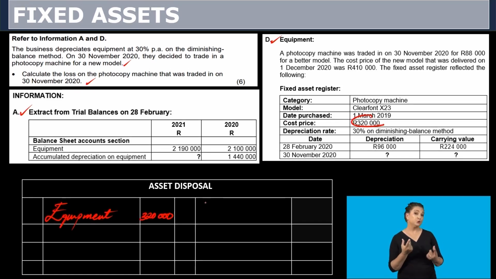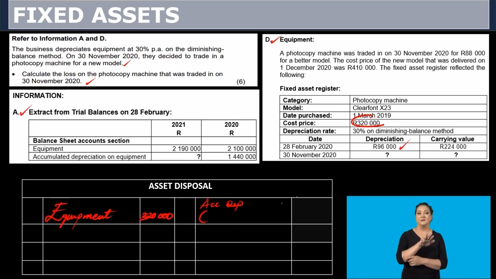And then I'll also record now my accumulated depreciation. Here's my open bracket. How much was the accumulated depreciation at the beginning of the year? 96,000. There it is. 96,000. Then we have to add the depreciation for this year. We're told a photocopy machine was traded in for 88,000.